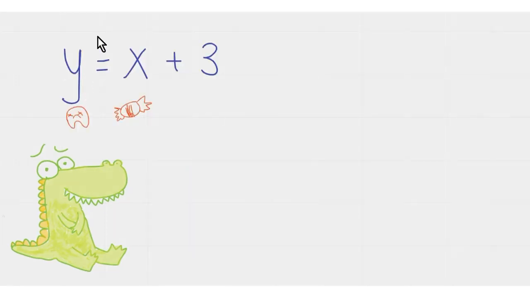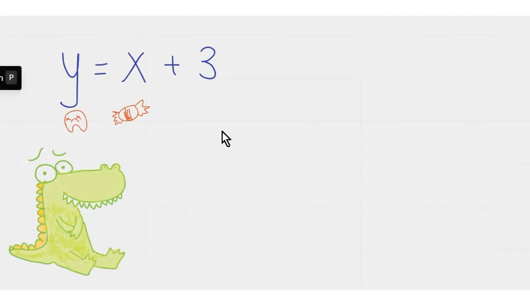So this equation describes the relationship between these two variables, and we can use it to figure out the value of x or y given a value of y or x. So when we're asked to find y, it means we're finding the number of teeth that are falling out when Alvin eats x number of lollies.